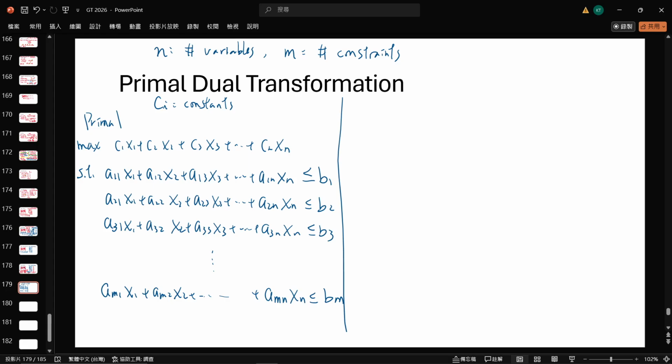So this is the general form of the primal problem, and all the variables are non-negative.